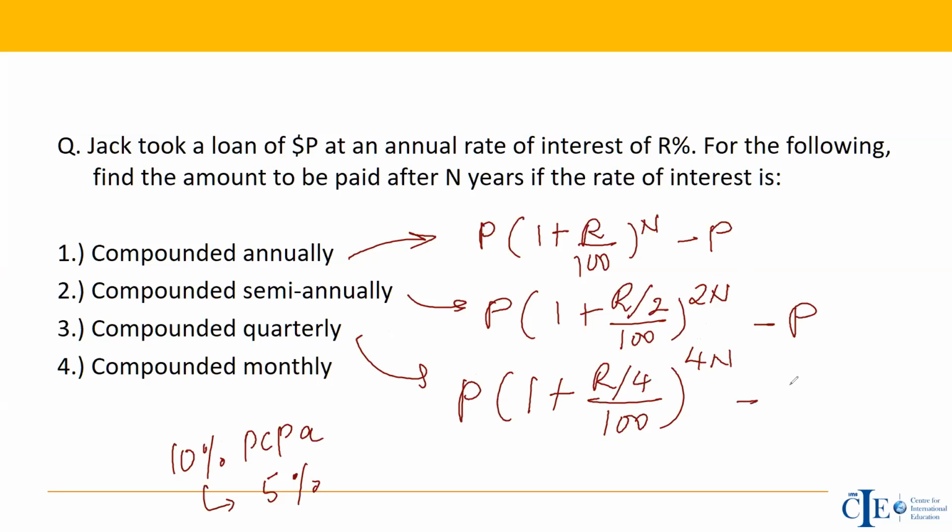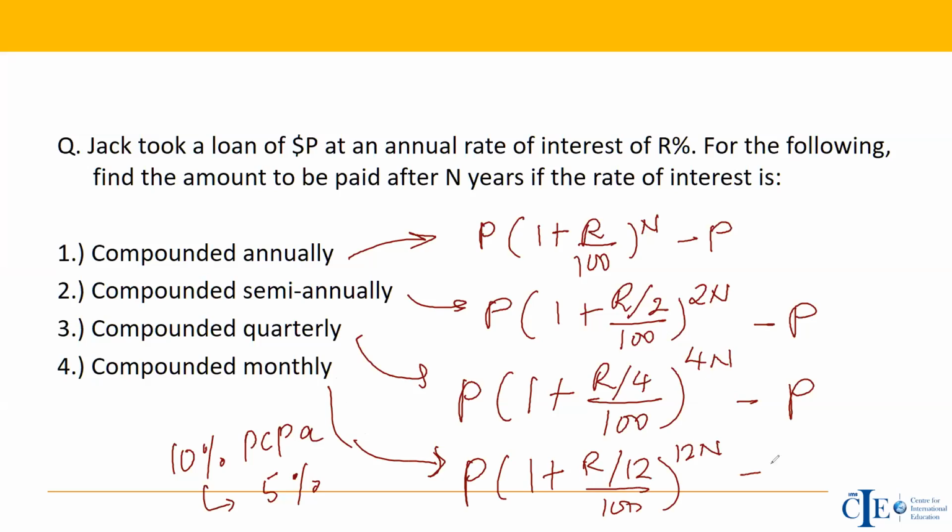So the number of times you calculate would be 4 times in a year, and hence the power is 4. So that would be the case on a quarterly basis. Whereas on the monthly basis, P(1 + R by 12 on 100), and the power becomes 12 times N, minus P.